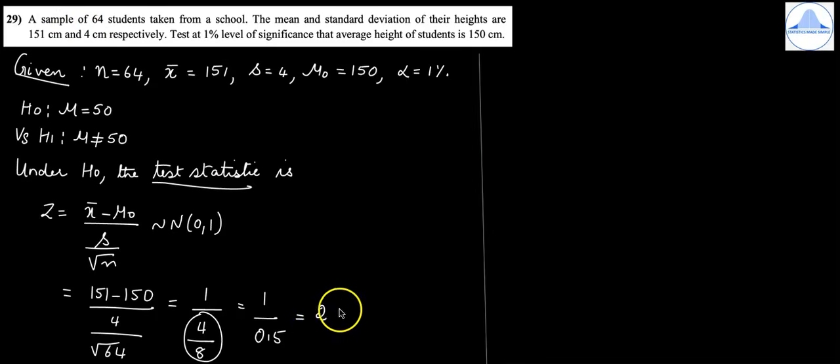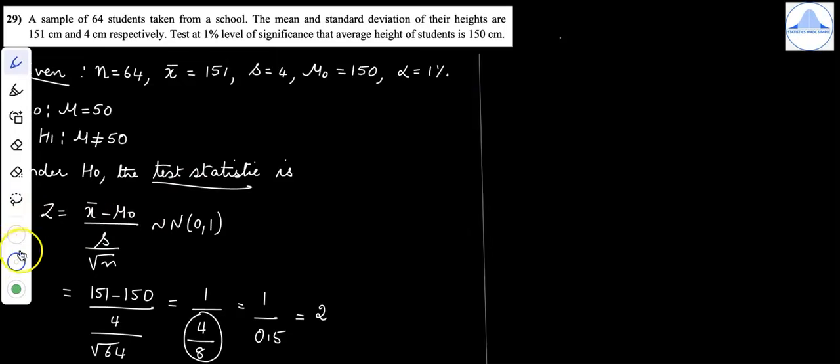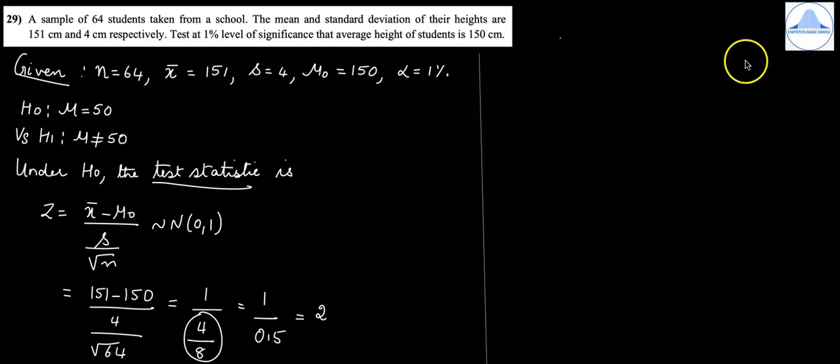So now before we move on to the next step, we have to write the condition at the side. As this is a two-tailed test, the condition for a two-tailed test for large samples is you have to check whether mod z is greater than or equal to k alpha by 2.